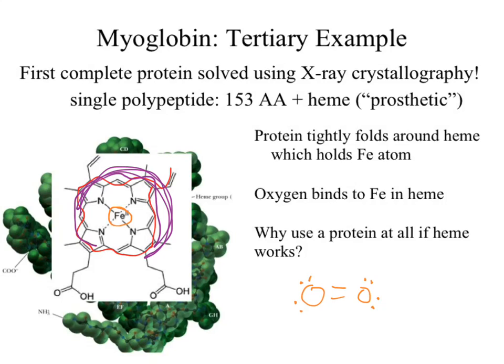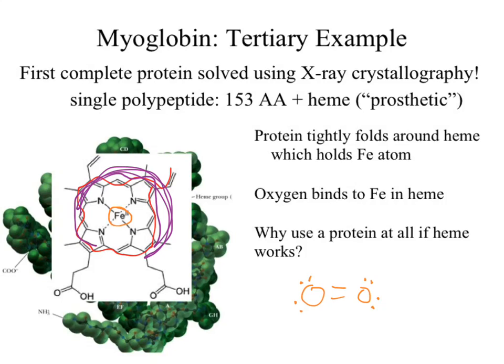What's the second reason? Does the protein help carry more oxygen? Nope. With myoglobin, it's not a bad idea. With myoglobin, it only has, I think it's just that one heme, and the heme is the only thing carrying the oxygen. What do we want this protein or the heme to do?